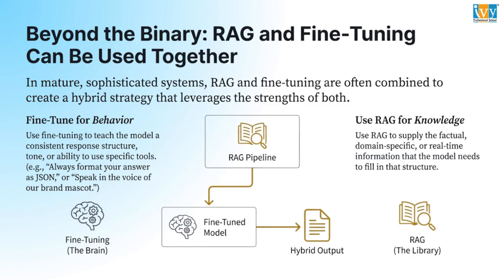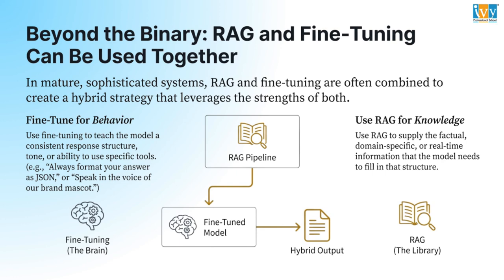And that's what leads you beyond this binary choice, because in mature, real-world systems, you almost never see just one or the other. It's a hybrid. It's a hybrid. The best systems combine them to get the strengths of both. The mantra is, you fine-tune for behavior, and you use RAG for knowledge. Okay, make that concrete for me. How does that work? You'd use fine-tuning to teach Llama 2 the how.